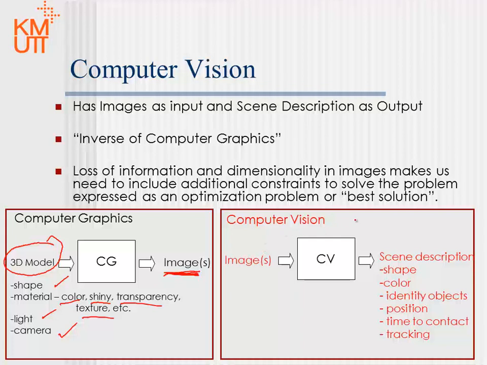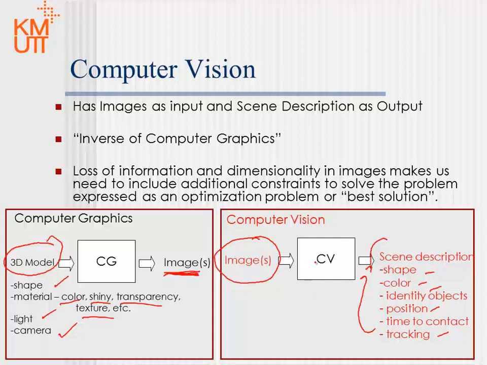But in computer vision, the problem is much more difficult, okay? Because you have an image, and out of that you're supposed to get 3D world properties, such as shape or color, segmentation, identifying objects, position, tracking objects. So this is a much more difficult problem.